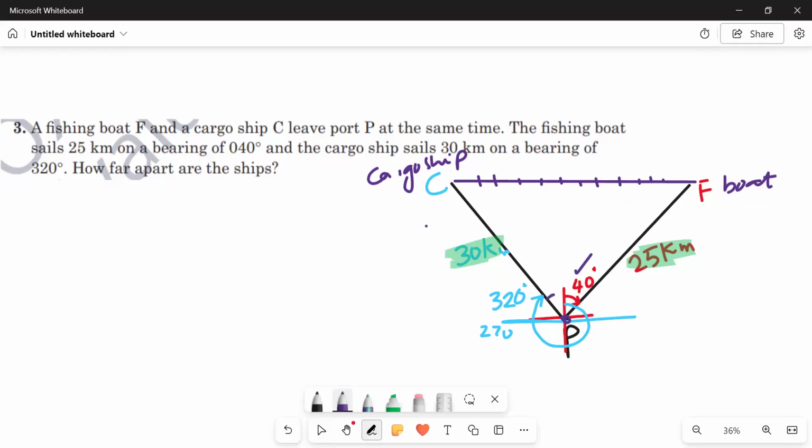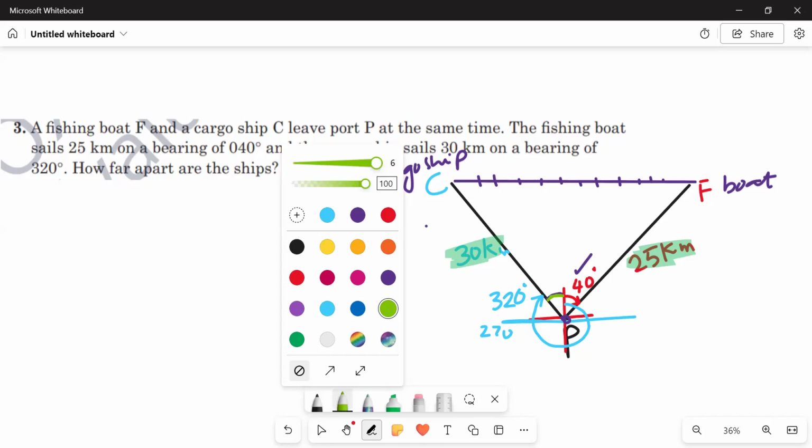If we find this other angle too, then we can easily apply the cosine rule. So we have to find this missing angle, the one in the purple line. If we find this angle, we get the complete angle, and we can apply the cosine rule, because if two side lengths of the triangle are given and the included angle is given, then we can easily apply the cosine rule.